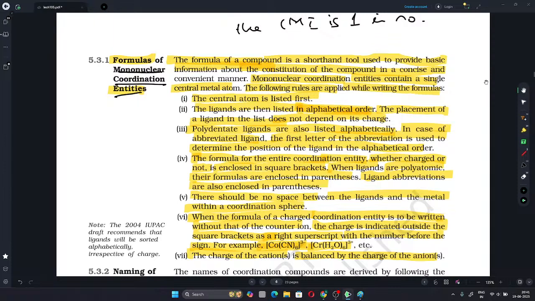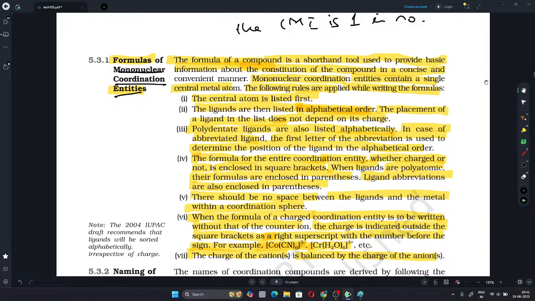The formula for the entire coordination entity, whether charged or not, is enclosed in square brackets. When ligands are polyatomic, their formulas are enclosed in parentheses, meaning brackets. Ligand abbreviations are also enclosed in parentheses.